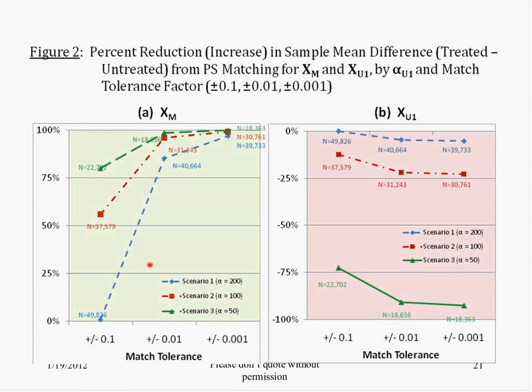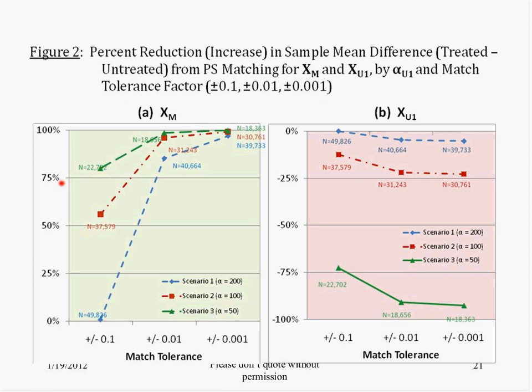But the more variation there is in the unmeasured confounders, the easier it is to match people. So in scenario 3, where the measured characteristics have a higher effect on treatment choice, the harder it is to find matches.